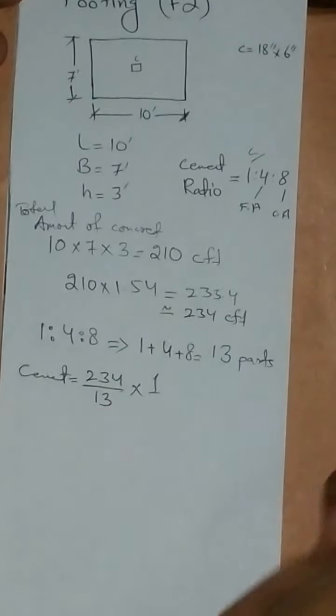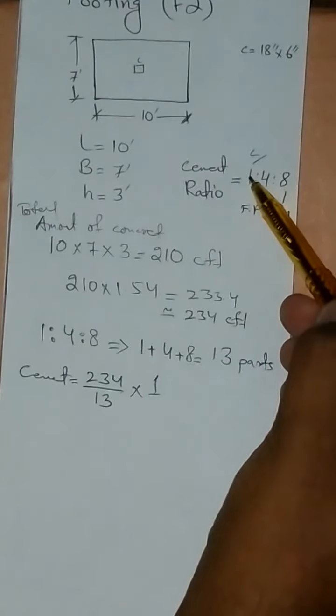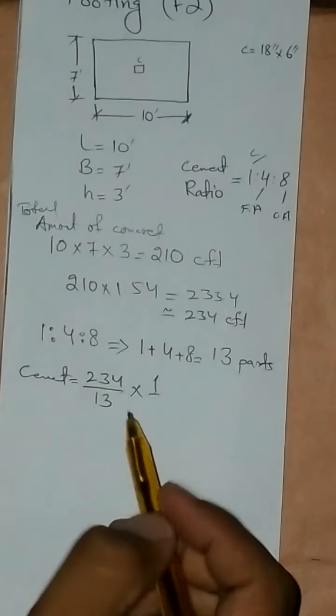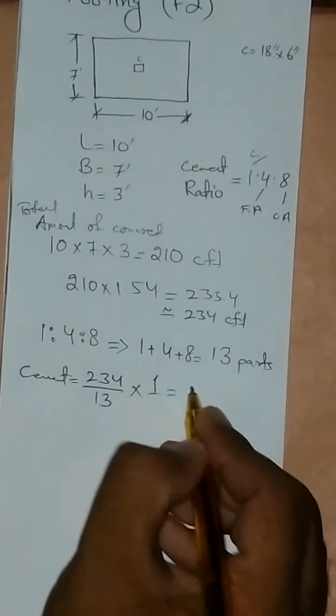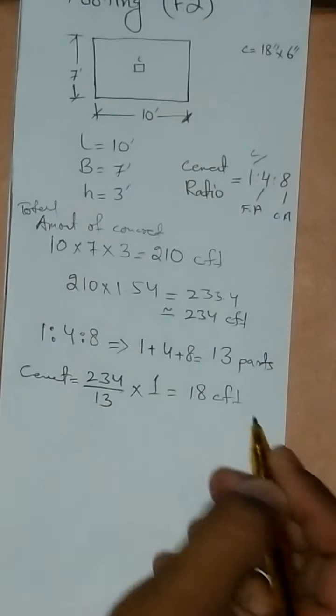For cement we have to take this part, meaning 1. Now it will be 18 CFT, cubic feet.